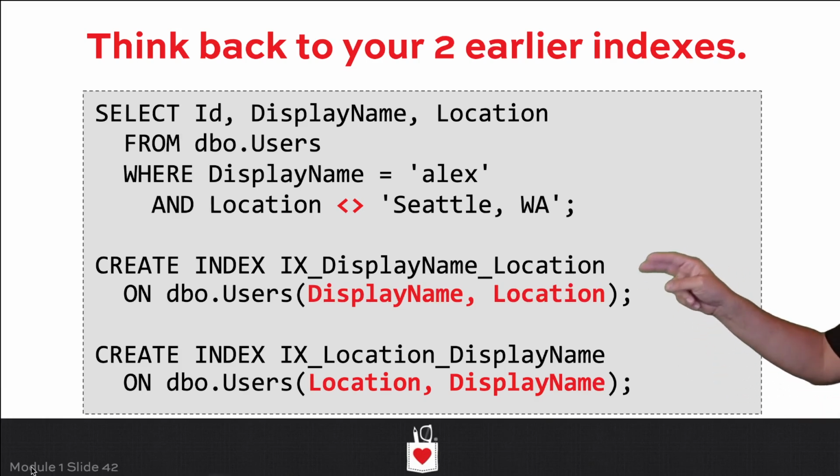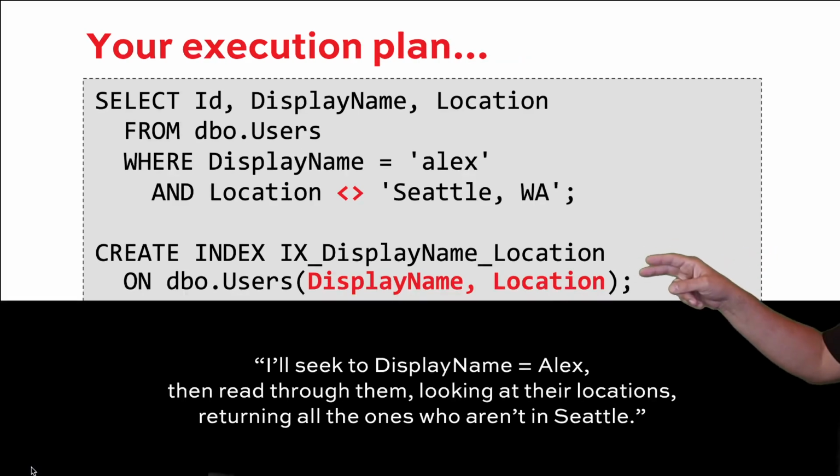If I use the one that starts with display name, SQL Server can dive directly into just the Alexes, reading through those, looking at their locations, and returning just the ones who are not in Seattle. We already know that there aren't that many Alexes overall, so we're not going to read a whole ton of data. We are only reading the Alexes here.